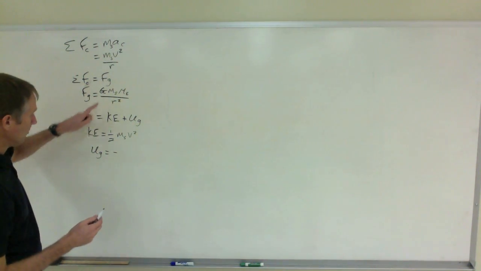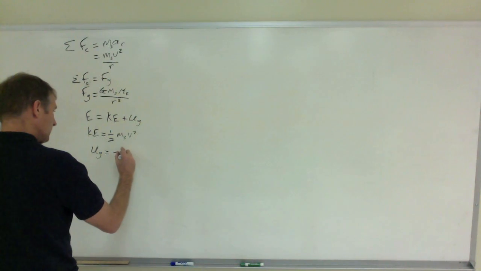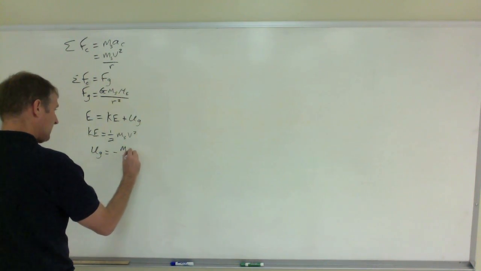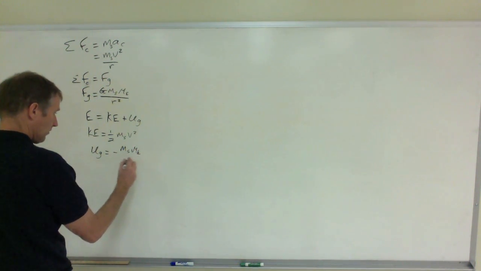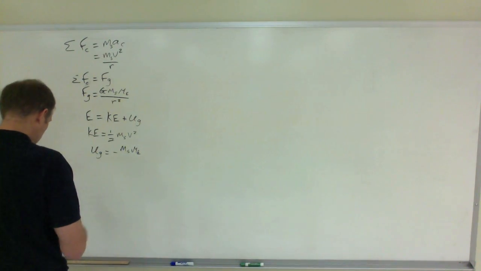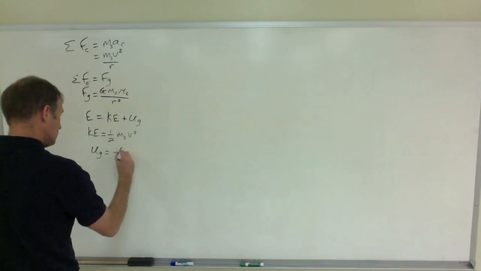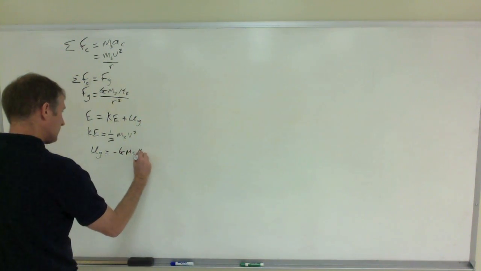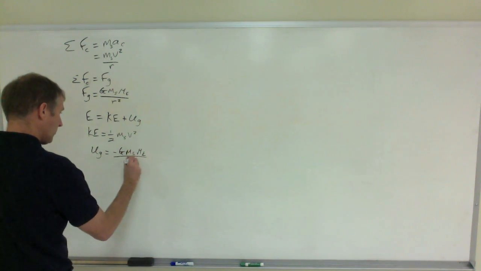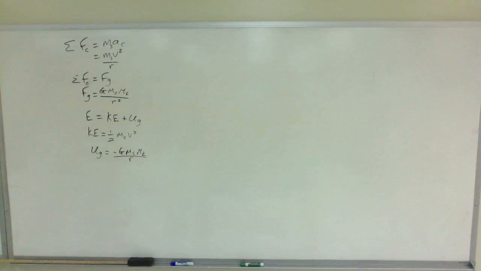It's negative G times the mass of the satellite, mass of the Earth, or whatever it's being orbited, all over r. Those are the equations we're going to need.